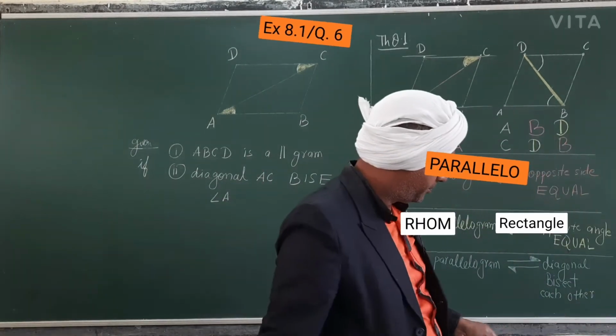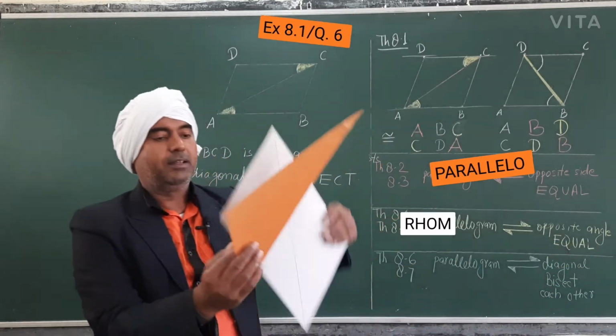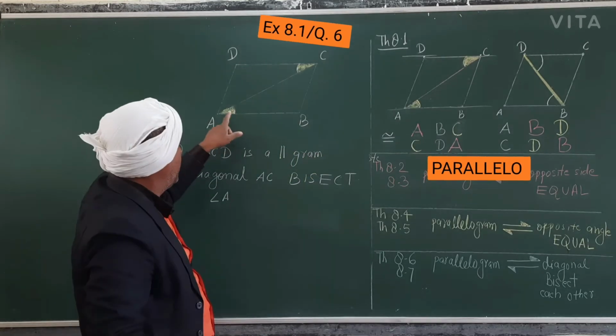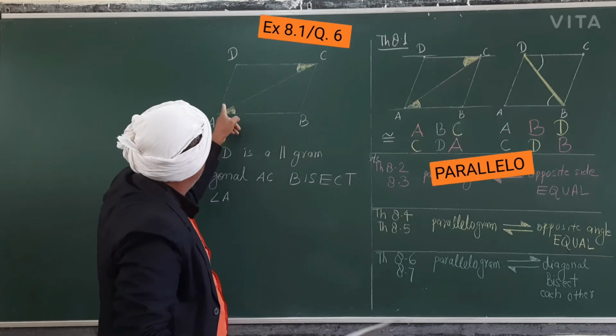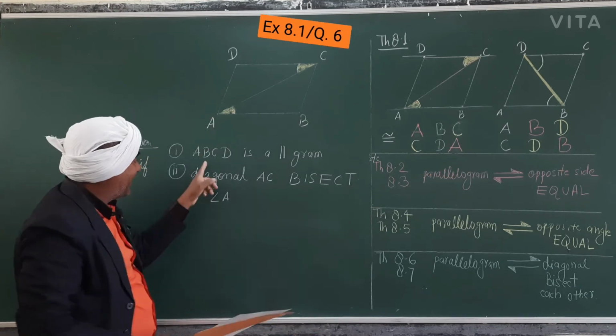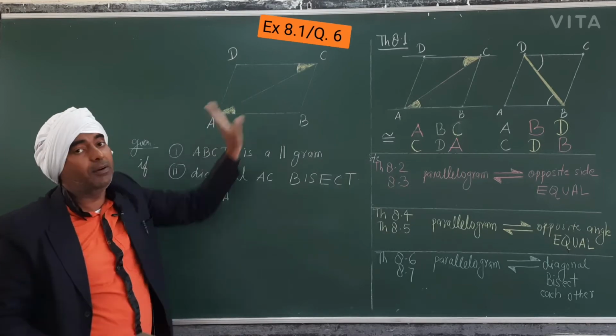Okay, so I have told you with this figure that these angles are equal, but this is not equal to this. But the question says if this equal to this, then prove it will be a rhombus.